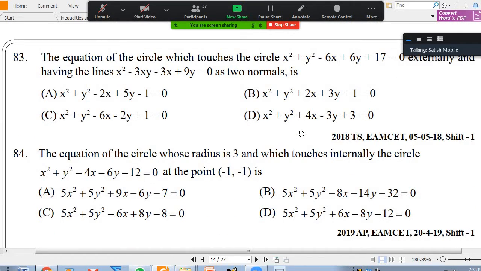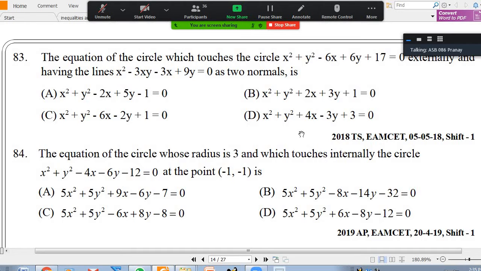83 or 84? So 83. Can somebody tell me how to find the center of the required circle in 83?